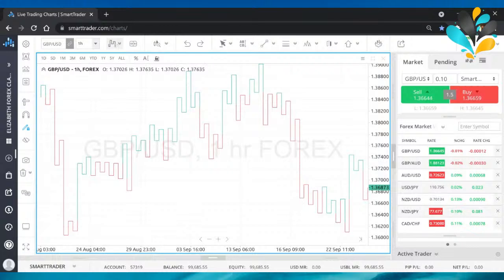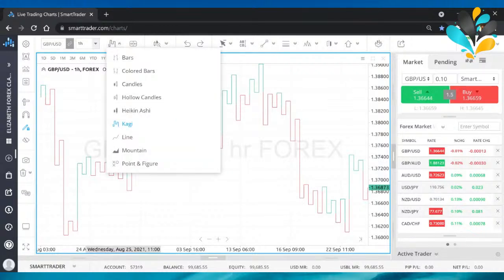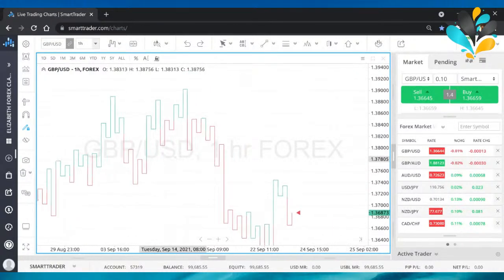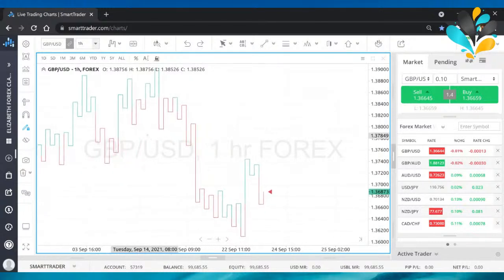You also have the Kagi, or Kagai, however you pronounce it. You can see it really looks like a bunch of squiggly lines showing where the price would have gone up and closed and where the price would have gone down and closed.